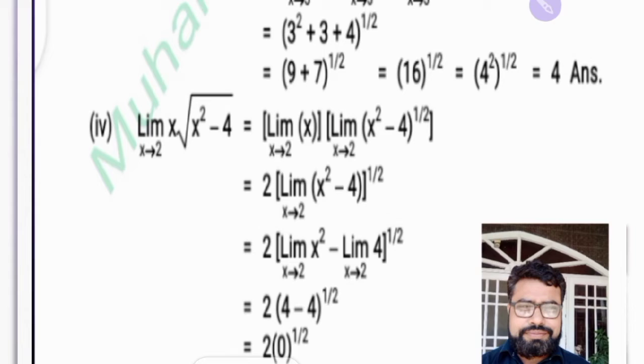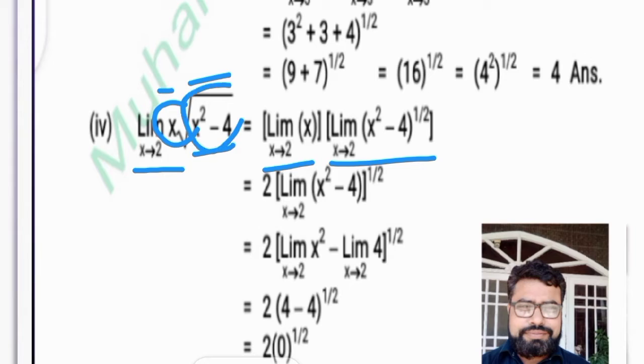Now the part 4, and we will learn the fourth theorem of limit. Third theorem, that if there is a power, limit will be written inside the power. Now the theorem number 4, if two functions or two terms are multiplied, so we will have to write limit with the two terms.